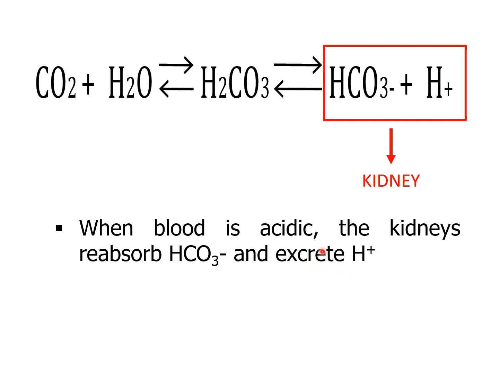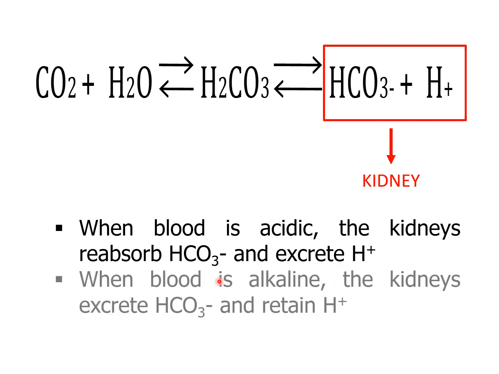As we have earlier seen, hydrogen ions are an acidic compound, while bicarbonate is a basic compound. So when there is acidosis, the kidney will excrete the acidic compound, hydrogen ions, in order to compensate for the acidity of the blood.